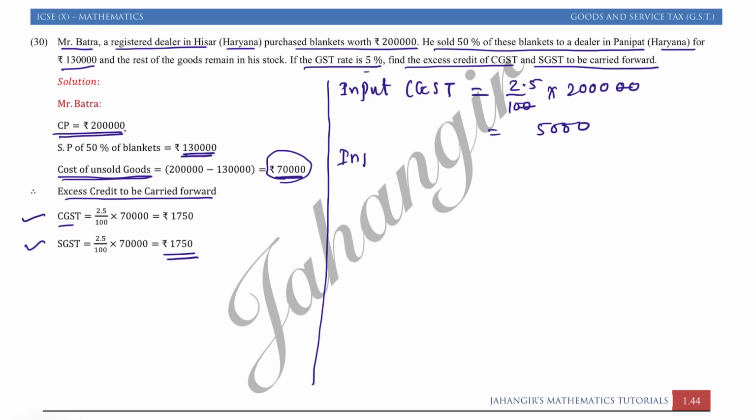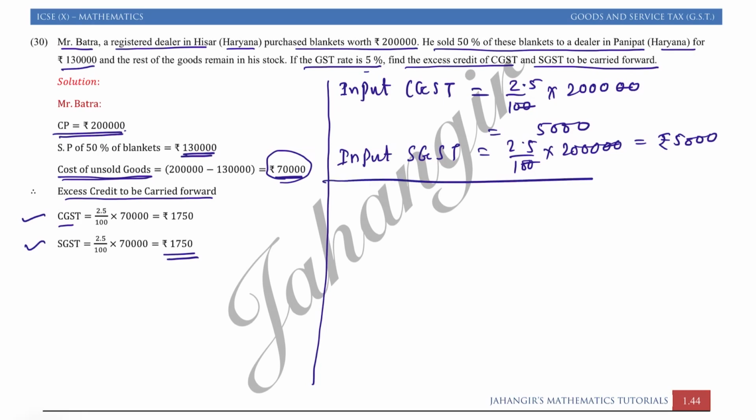Input SGST, again the same 2.5% of 2 lakh rupees. That is again 5,000. This is the input he had paid while buying the goods.